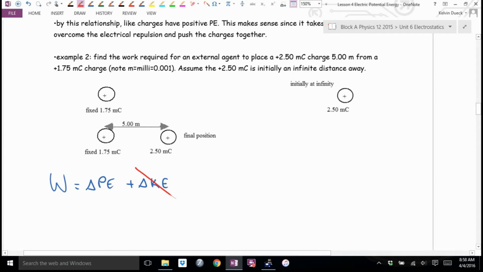I could do it. Jake, what's changing anything? So this is going to be potential energy final minus potential energy initial. Where are we initially? So, how much energy do we have at infinity? This is how we've defined it.